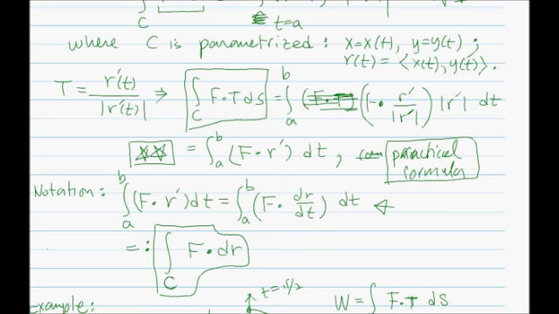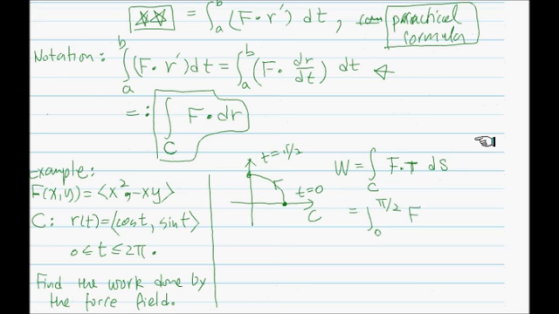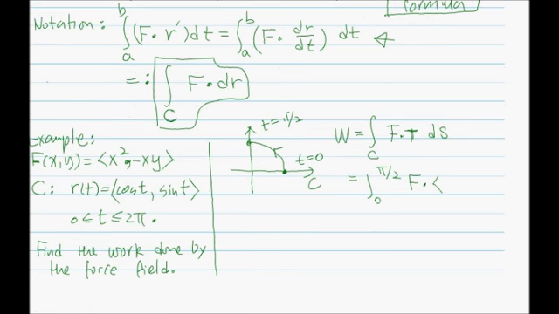0 to pi over 2, and F and r prime is what we have to put here. So what is r prime? We have a formula. It's negative sine t, comma, cosine t, right? And dt. That's the derivative, and this is time to replace this F with the actual formula, 0 to pi over 2.